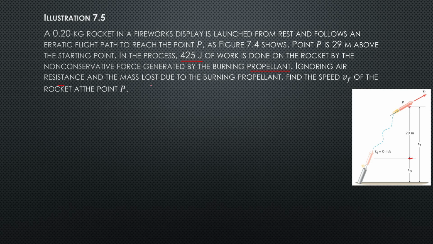Ignoring air resistance and the mass loss due to the burning propellant, find the speed of the rocket at point P, or the final speed at point P. Since the only non-conservative force acting on the rocket is from the propellant, the net non-conservative work is 425 joules.